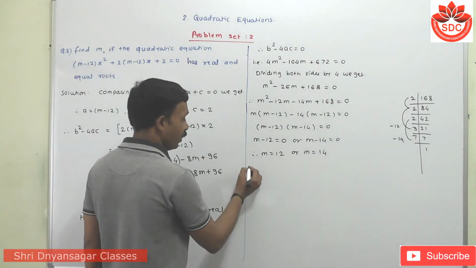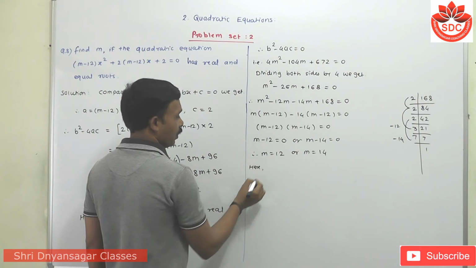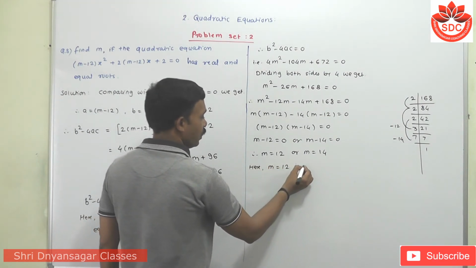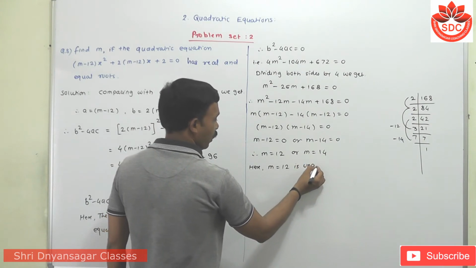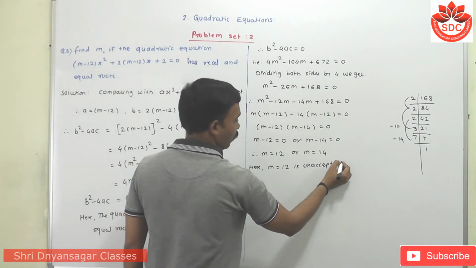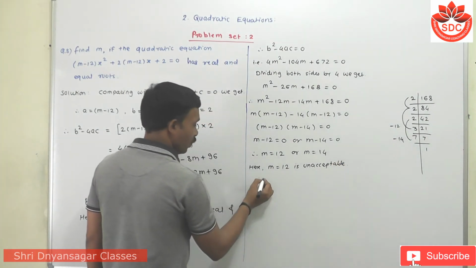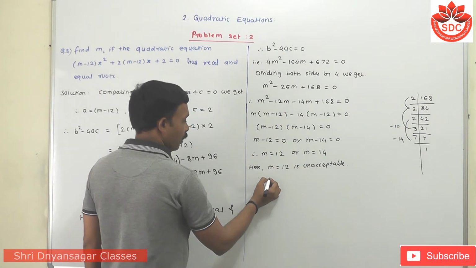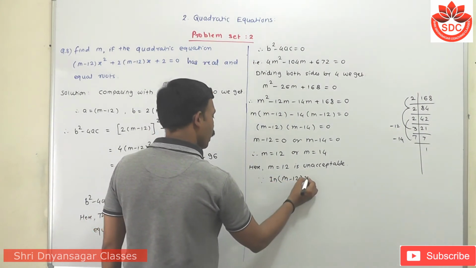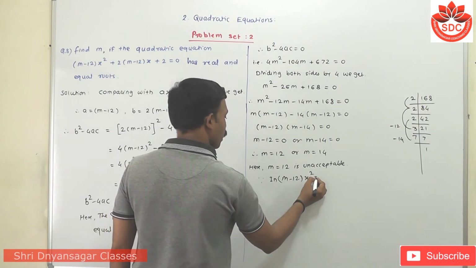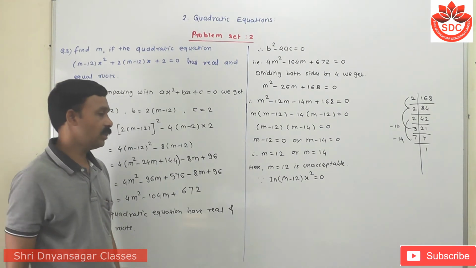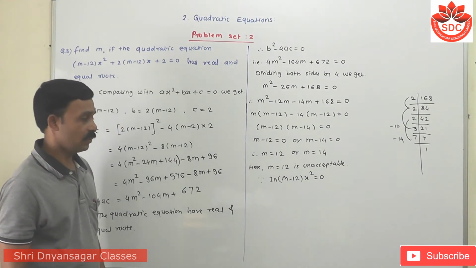So here m is equal to 12 is unacceptable, because (m minus 12) into x square is equal to 0.